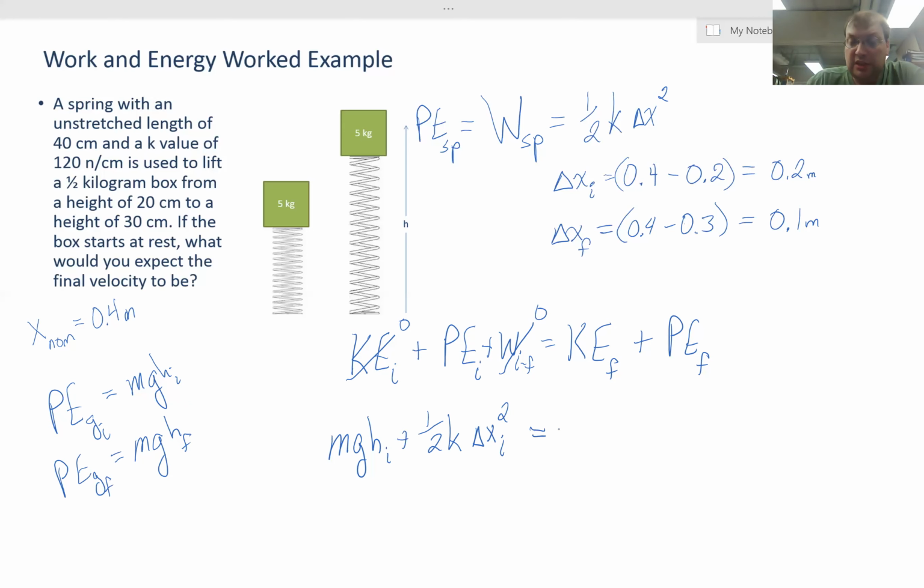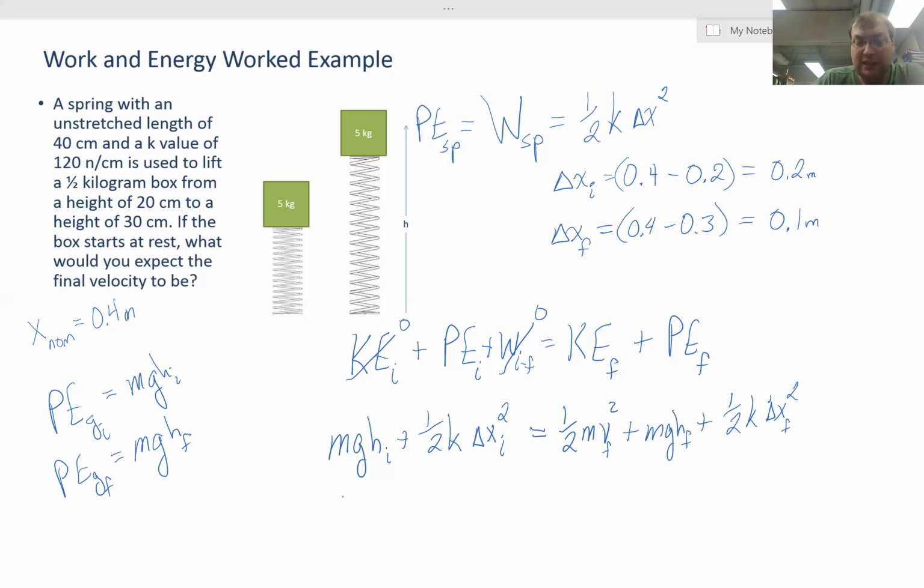This is equal to our kinetic energy, 1/2 mv squared, which we'll leave as a final velocity squared, plus our mg times our height final plus our 1/2 k times this delta x final squared.